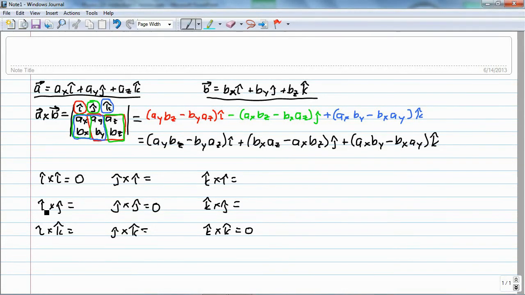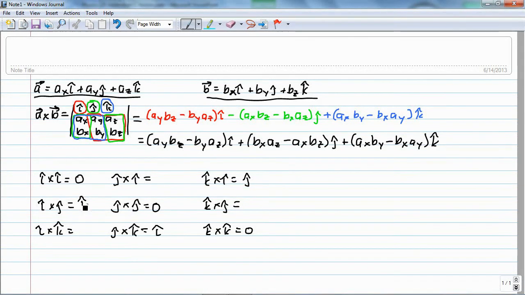Now, the quickest way that I can remember how to do this is I look for things that are in alphabetical order. So if I have i cross j, I know that's going to be k. And if I have j cross k, then that gives me an i. So it's kind of like a little round robin thing going on here. And I have k cross i, that's going to be j.